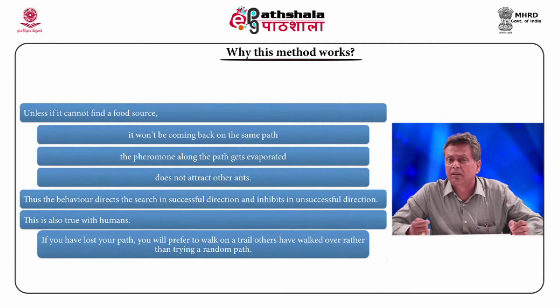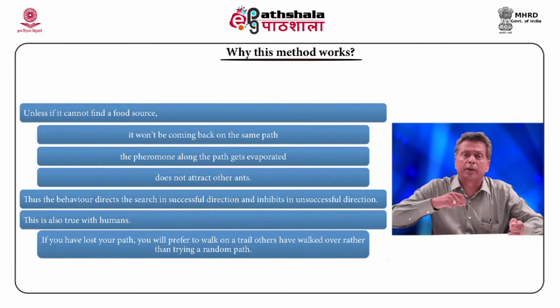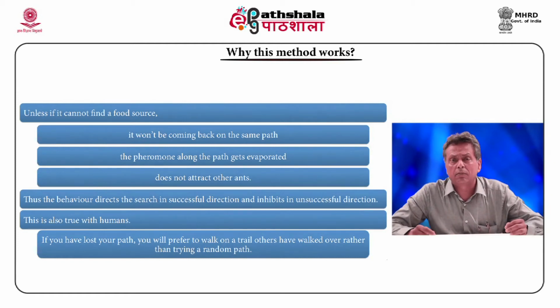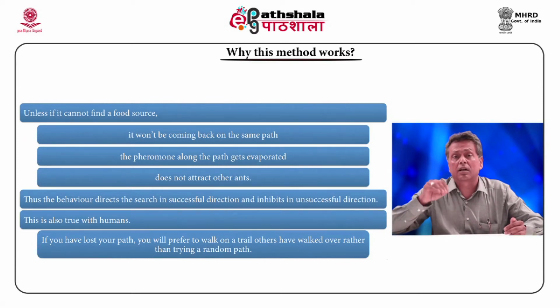So, this simple method of spraying pheromone value and letting it evaporate over time actually decides a path which is, one, recent, because the pheromone value, if it is old, will evaporate, and second, most preferred by others, because the more ants travel along the path, the more pheromone value.